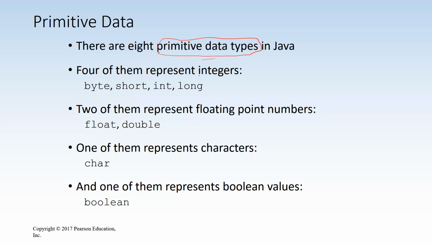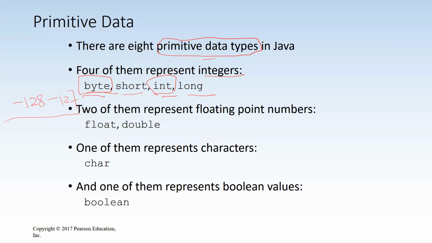4 of them represent integers. So we learned int, the most often used: byte, short, int, and long. There are 4 of them. Byte is a very small number, it can only be from -128 to +127. If you have a number that's very small, and you don't expect it to change to a larger number, you can declare it as byte.